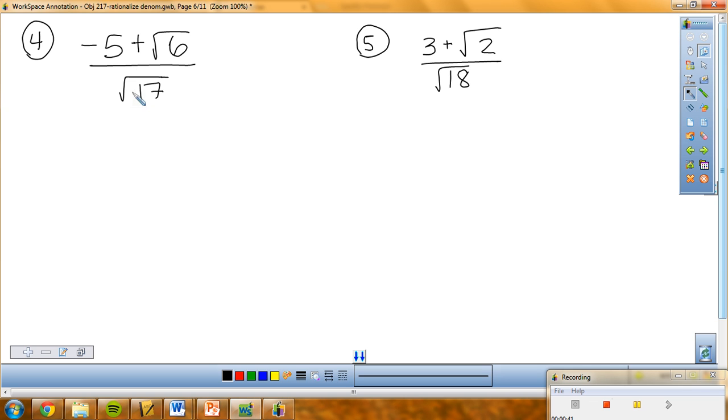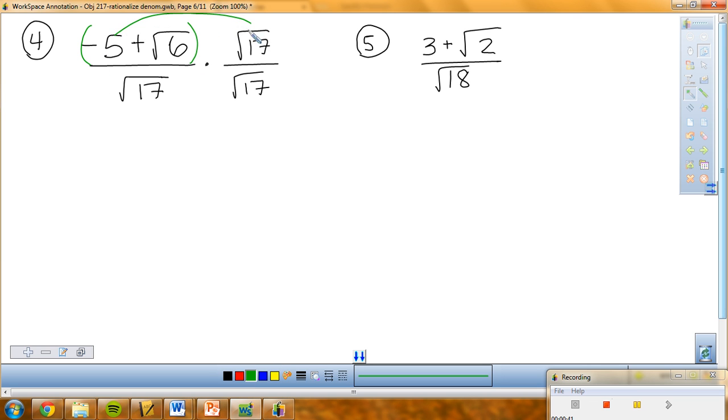So here we're going to have the same process, but when we have our multiplication step, we're going to have a little extra work. So I want to get rid of this radical on the bottom. There's nothing that I can simplify. So I want to multiply by my foo, square root of 17 times the square root of 17. Now, this is going to be like a distribution problem.